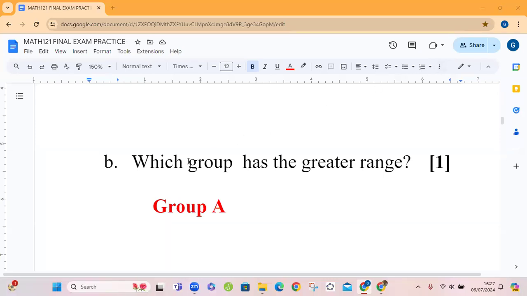Part B is asking which group has the greater range. The range means the highest value subtract the lowest value. So it appears that group A has the greater range.